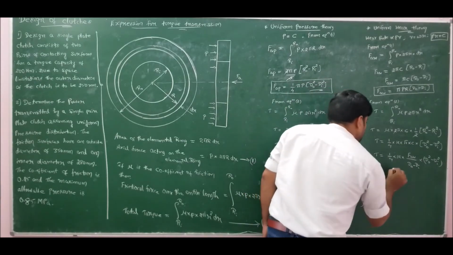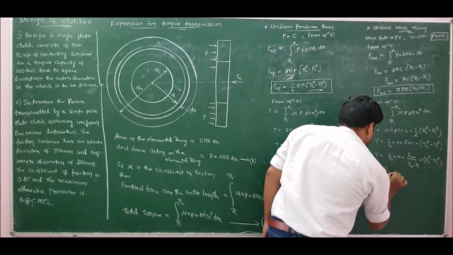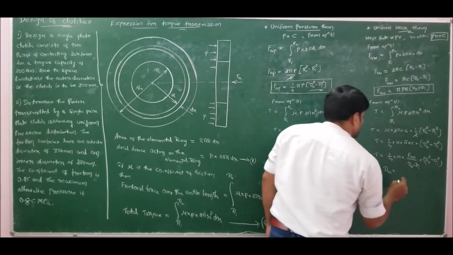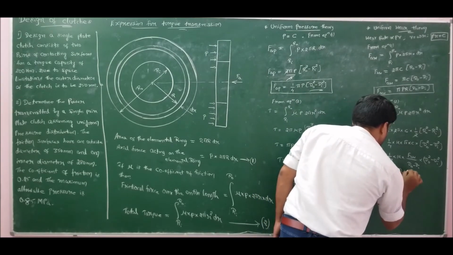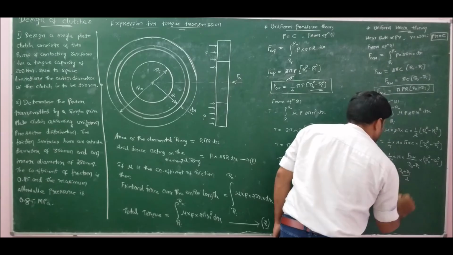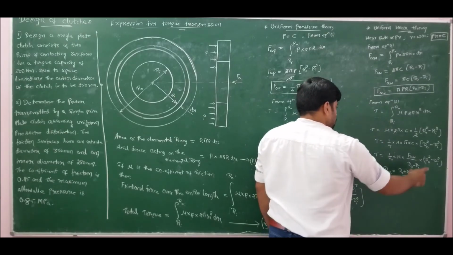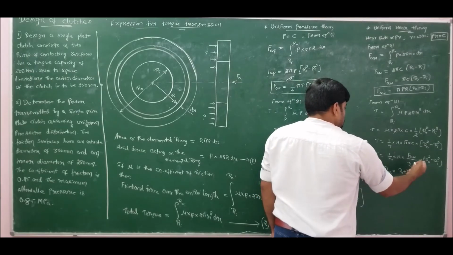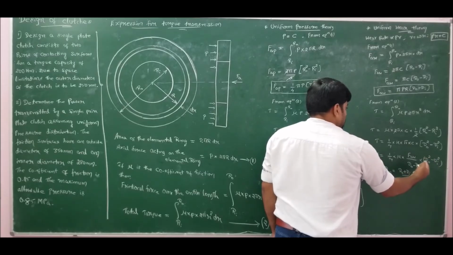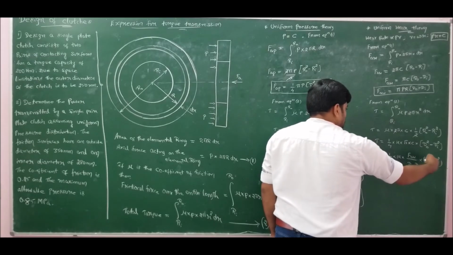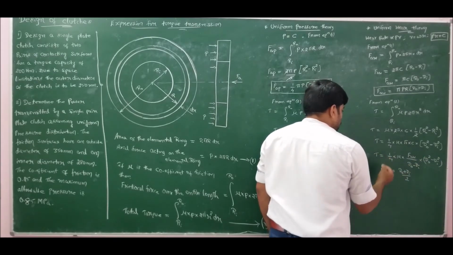Now if I define at this point the mean diameter for uniform wear theory as d naught plus di by 2, just the average. Then this can be written as a plus b into a minus b. A minus b will get cancelled. A plus b by 2 is d mean, so I am left with 1 by 2.